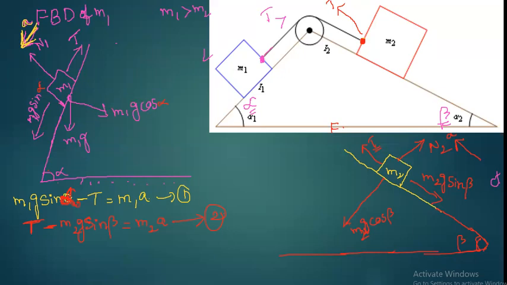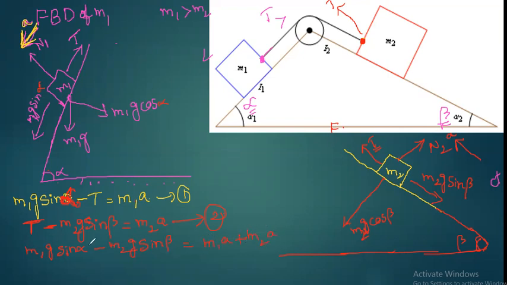Yes, come, let us do. So what do we get? If we add these two, m1g sin alpha minus m2g sin beta, which is equal to m1a plus m2a.